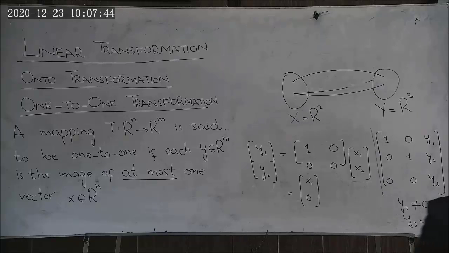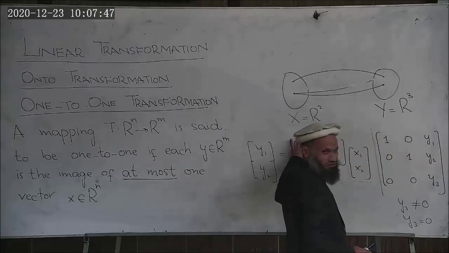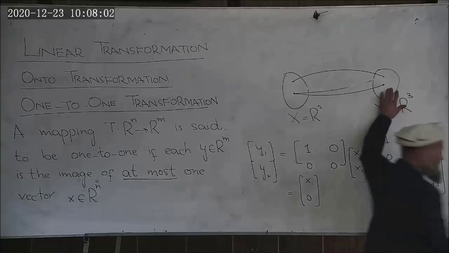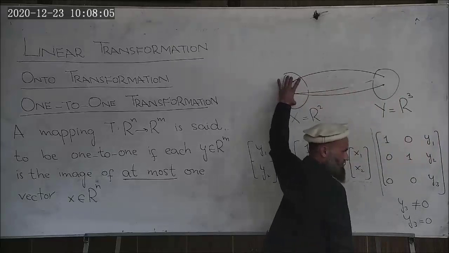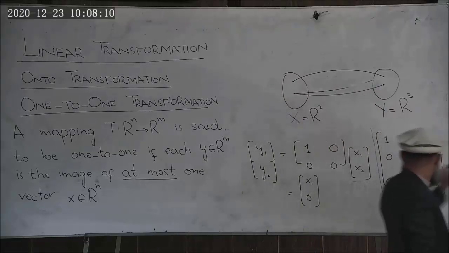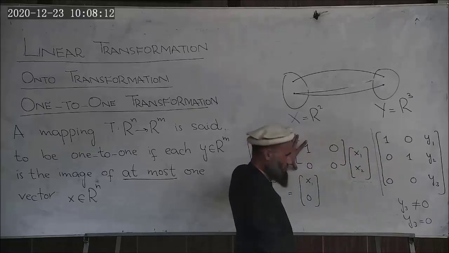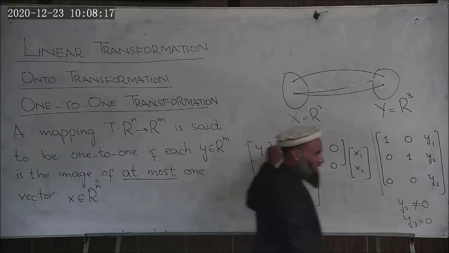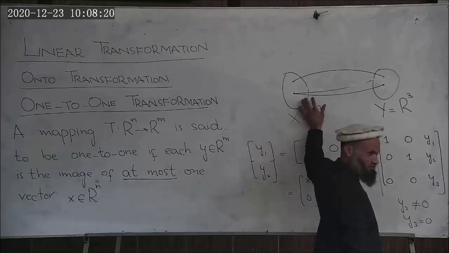Now the question is, is it an onto transformation? Under what condition will it be an onto transformation? If any vector in this space is an image of a vector in this space, then this transformation is onto. Here, there are some vectors in this space which are not images of any vector in this space.